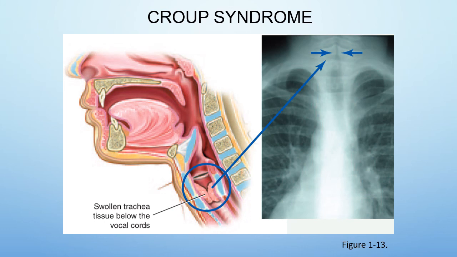Now, you can see here in croup, the swelling is below the vocal cords, so it's not as serious. It tends not to cut off the entire airway. We still have a passageway, the smallest part, especially in kids, to still breathe and move air through. And it's a viral infection.